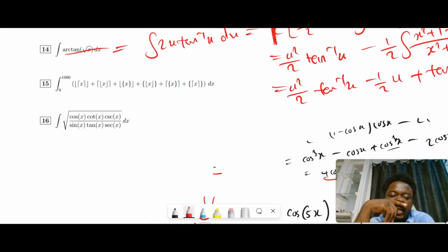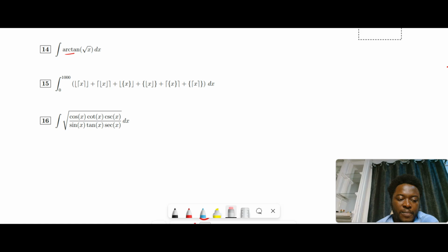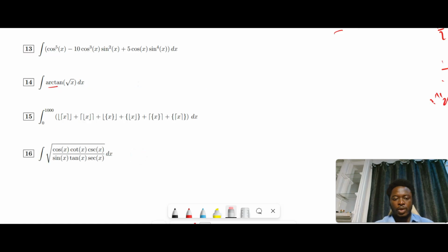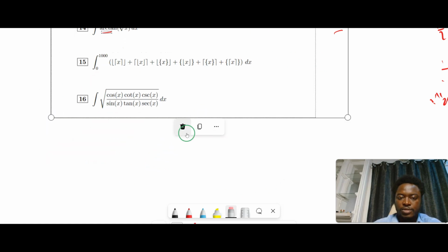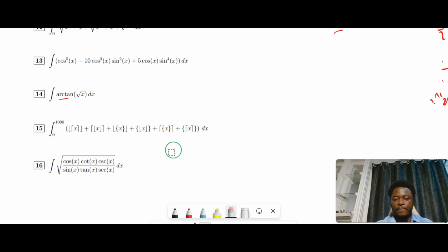Now for this number 15, how do we go about that? Okay. Alright, so for this part here, we're going to take x, set n to be the floor of x.